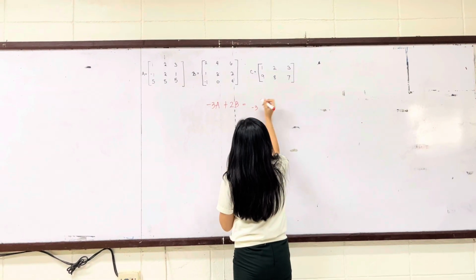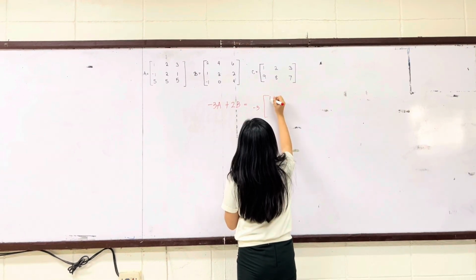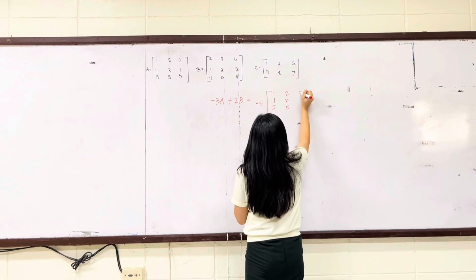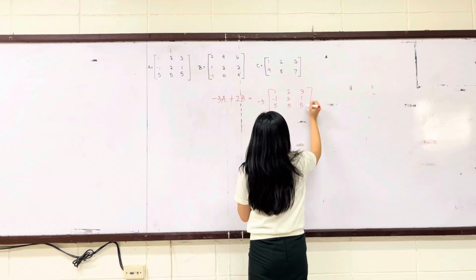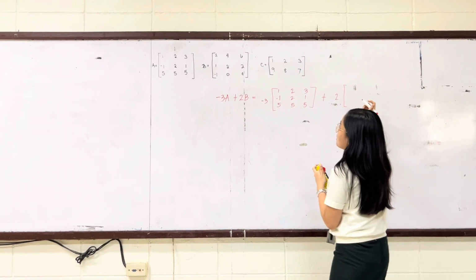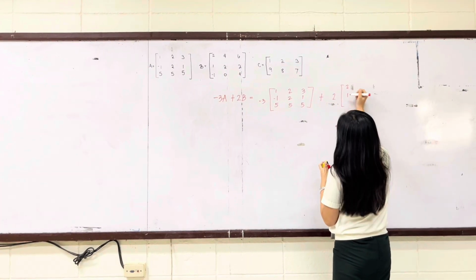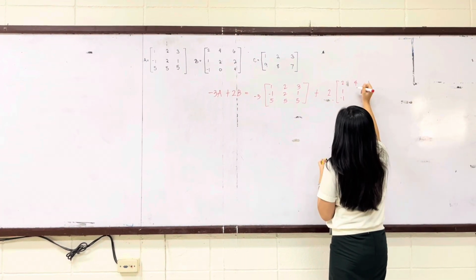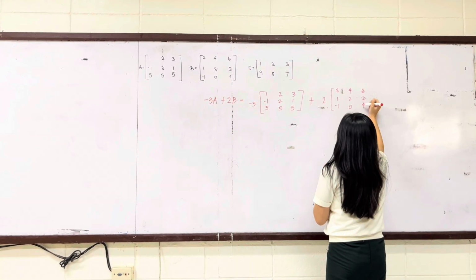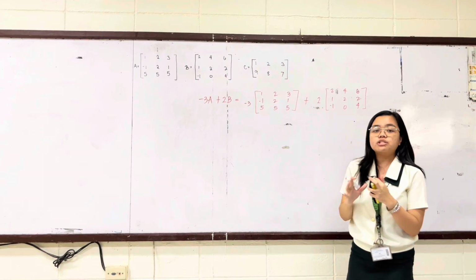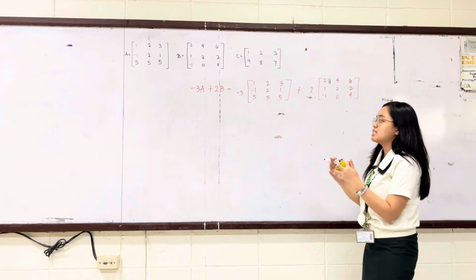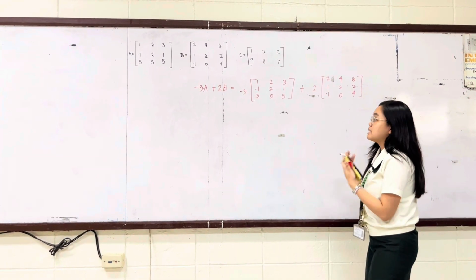So we have negative 3 times matrix A, then add it to 2 times the matrix B: 2, 1, negative 1, 4, 2, 0, 6, 2, 4. If you want, you can actually solve for this part first and this part first and then combine both matrices. But for me, I just substituted the values because it's easier for me.